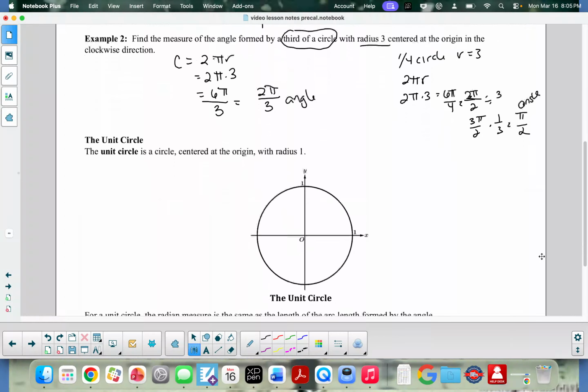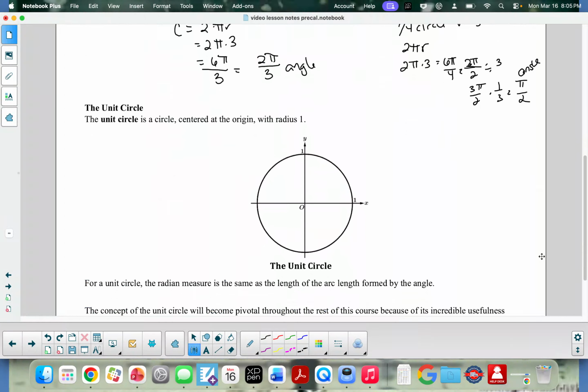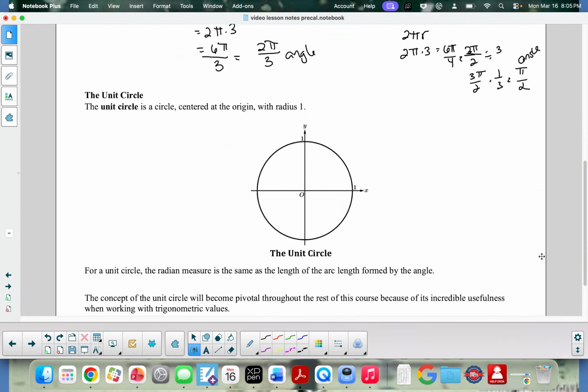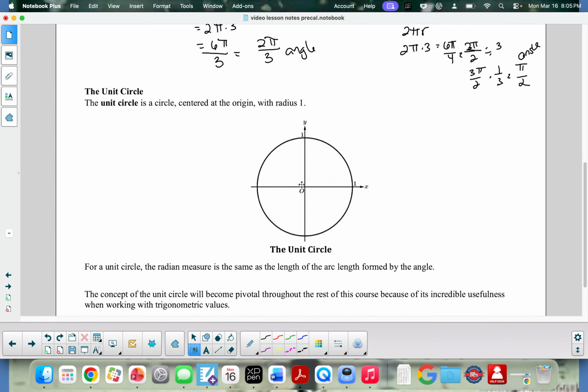Okay, so going back to what you did in geometry with a unit circle. The reason we call it a unit circle is because the radius is 1 unit, or a radius of 1. That's the only reason they call it that. So that means that whatever angle you put here is going to be the same as your arc length, because your radius is just 1.